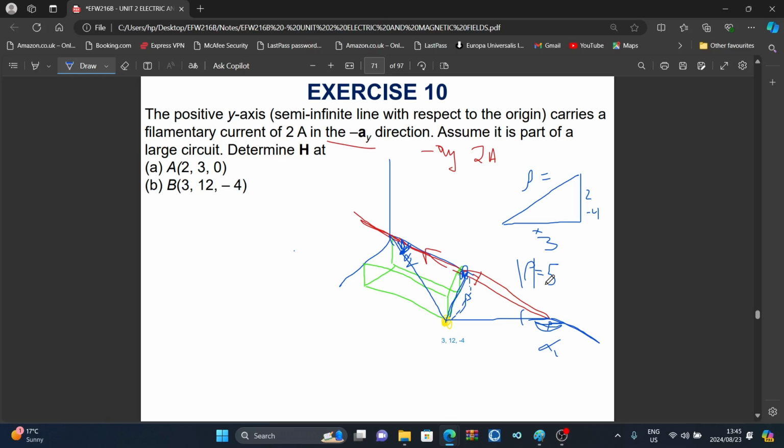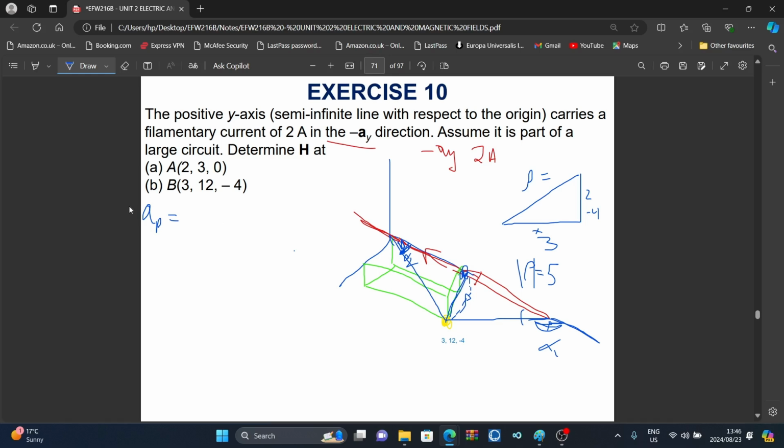Right? Now to find the unit vector for phi, we'll have a unit vector of az and ax divided by the magnitude.